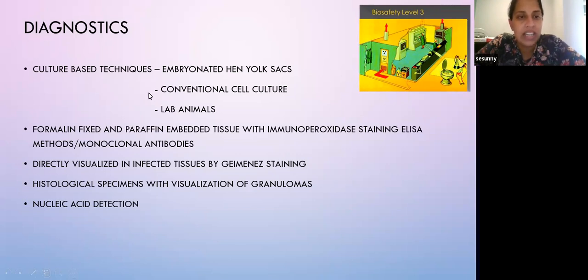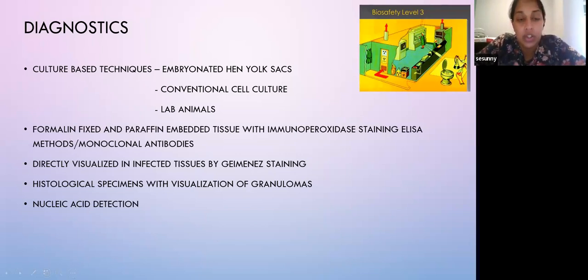So you have culture-based techniques where you can use embryonated hen yolk sacs, conventional cell cultures, and laboratory animals like guinea pigs and mice. It's quite a laborious task and very time-consuming, and so it's often reserved for research facilities, so it's not done routinely in your conventional laboratories.